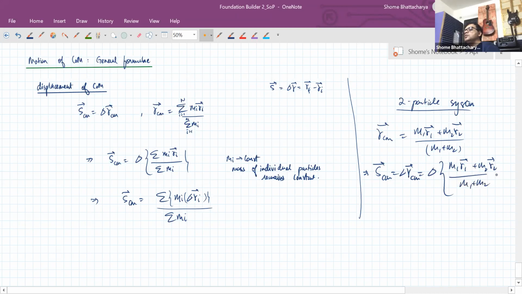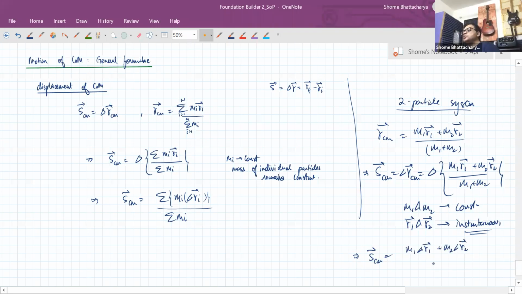Now here m1 and m2 are constant, whereas r1 and r2, the positions of the individual particles, are instantaneous. So therefore, when we take this delta inside the bracket, it just becomes m1 into delta r1 plus m2 into delta r2 divided by m1 plus m2.